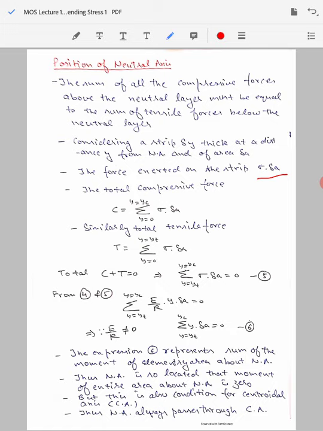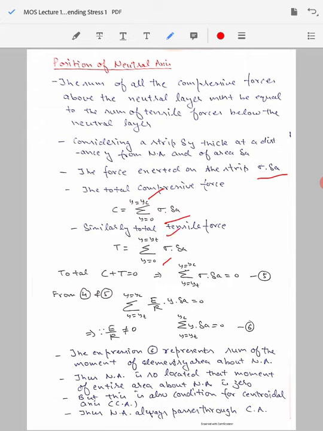If I sum up all such areas producing compressive force, I need to take the summation from y equal to 0, exactly at the neutral axis, to the topmost fiber, y equal to yc, of all these forces sigma dot delta A. Similarly, I can sum up all the tensile forces by taking the summation from the neutral axis to the bottommost fiber, that is yt.